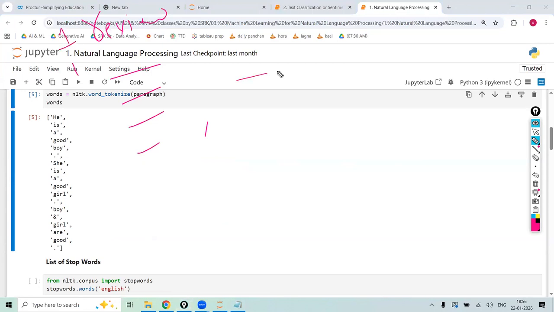Whether this one review is a positive review or negative review, how are you going to decide? Manually, tell me manually, forget about the computer and program. If you are reading an English sentence manually, how are you going to classify?